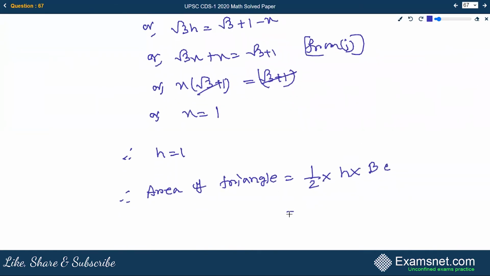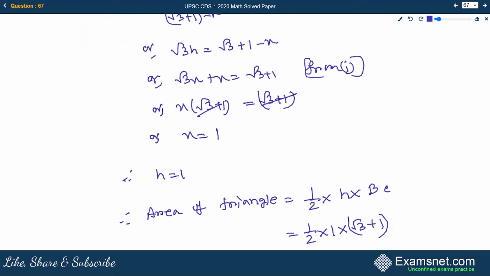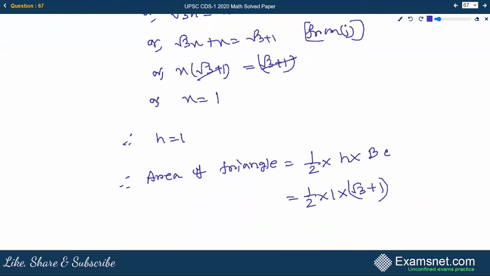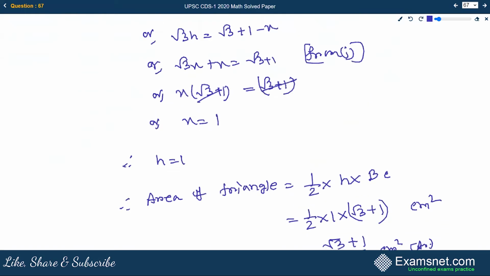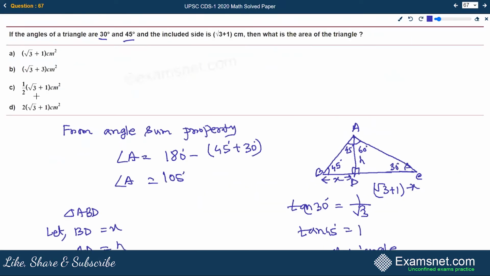Now we put all these values: half into 1 into root 3 plus 1. The unit is centimeter square. So this is root 3 plus 1 by 2 centimeter square. This is the area of the triangle. Now let me check with all the options. Yes, the option is the correct answer, root 3 plus 1 by 2 centimeter square.